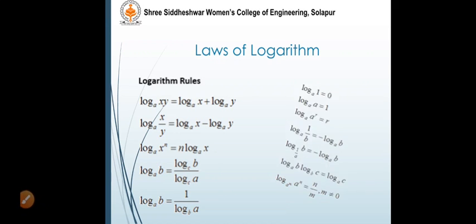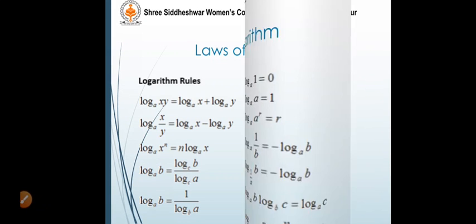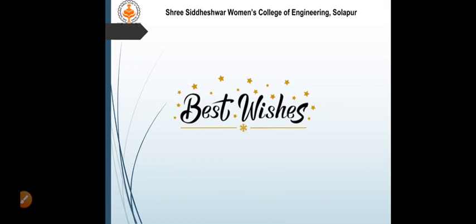Now after this, these are the particular results for different values of x and y, and you have to learn these by heart, not only the laws of logarithm but also the expansion formulae, factorization formulae, laws of indices, and the most important thing which you learned in primary school, that is the tables from 1 to 30. So all these are important prerequisites of engineering mathematics.